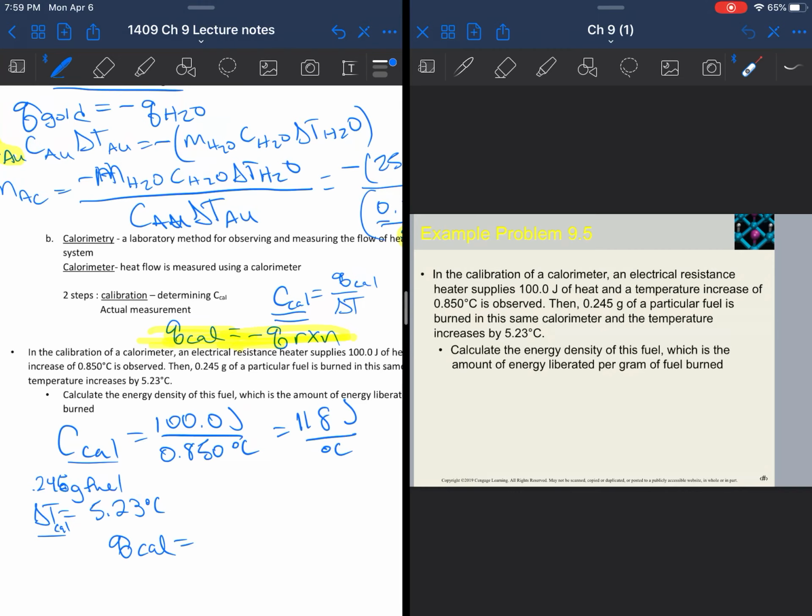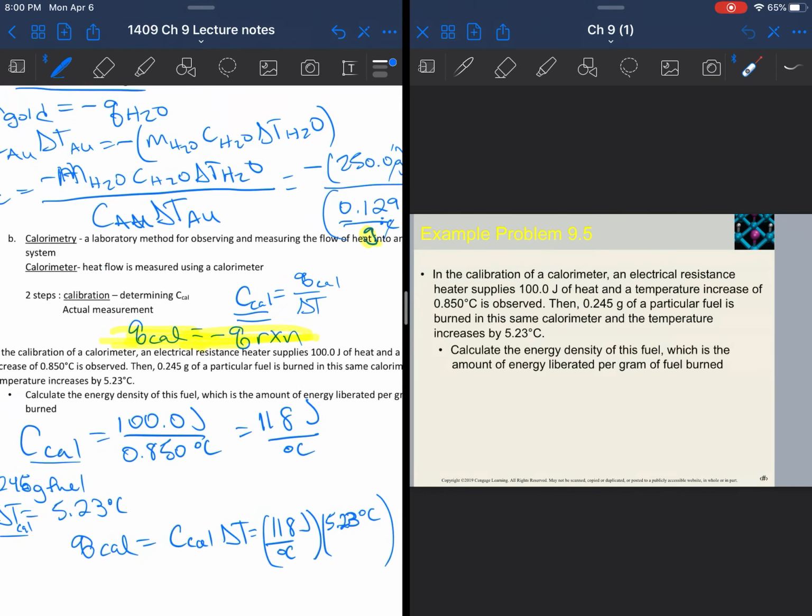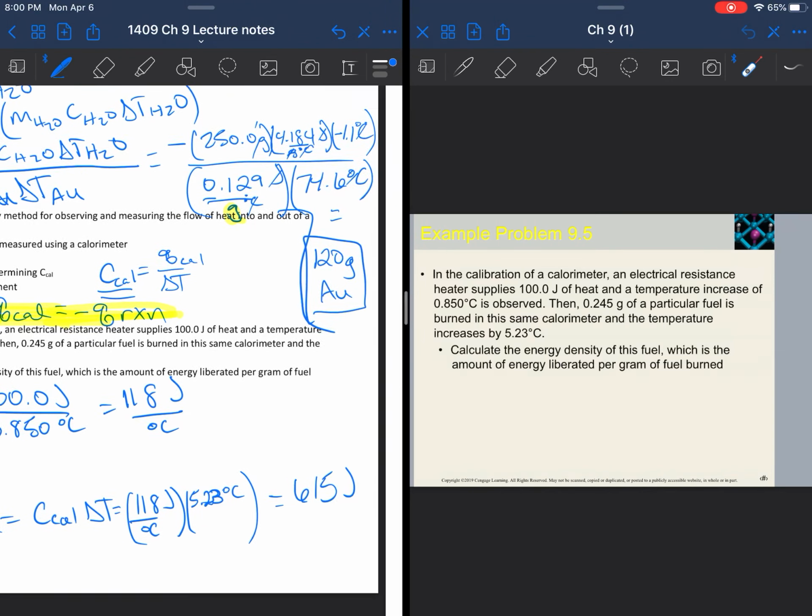If I rearrange this equation up here, I know that Q-cal equals C-cal delta T. So that would be 118 joules per degree C times 5.23 degrees C. So the amount of energy that it took to raise that calorimeter 5.23 degrees is 615 joules.